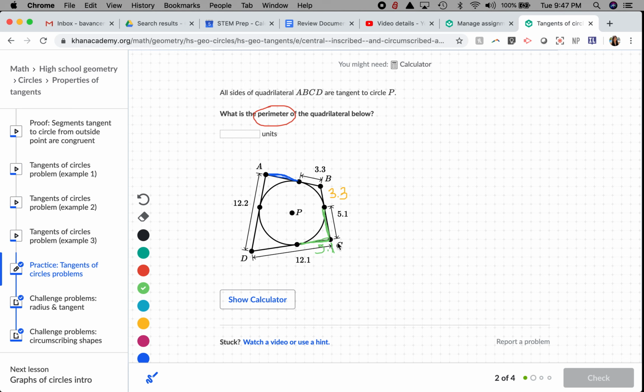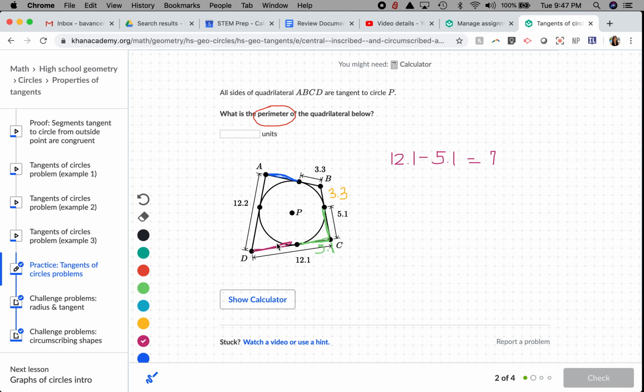Now, if this whole line is 12.1 and we already have 5.1, we can easily figure out how much is missing. So we can set up the equation 12.1 minus 5.1, and that is going to give us the length of 7.